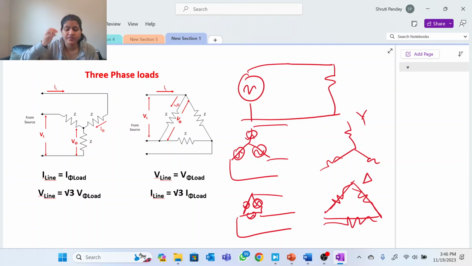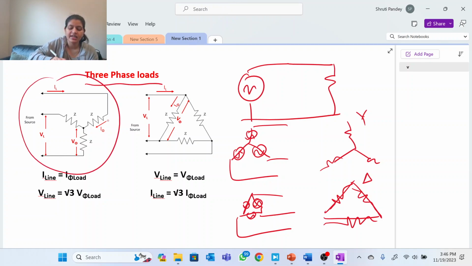So the relation between the voltage and current, or you can say line voltage and line current, is exactly the same in case of loads also, right? So in three-phase load also, when we are talking about the star connection, line current is equal to phase current, which was the same in star connected source, and line voltage is equal to under root 3 times phase voltage, which was again the same in three phase star connected source.